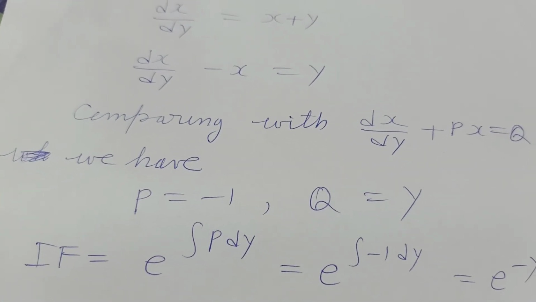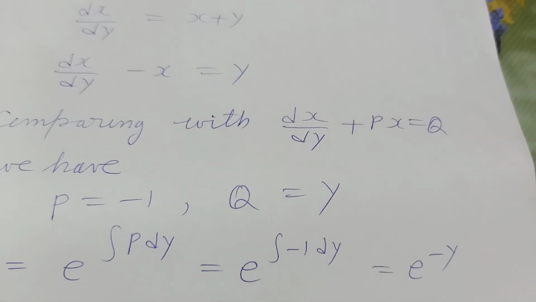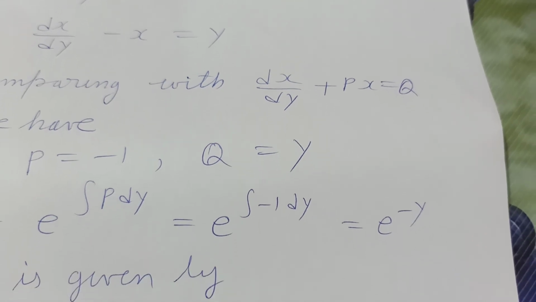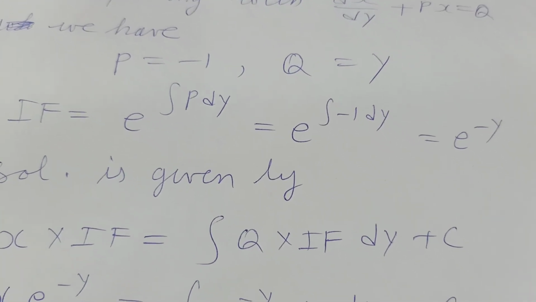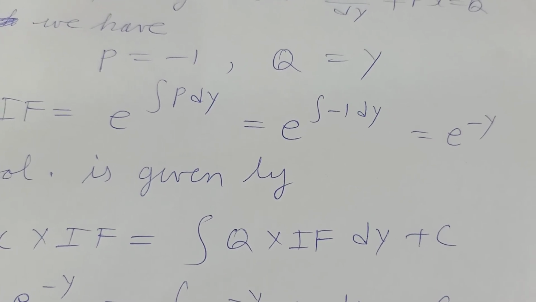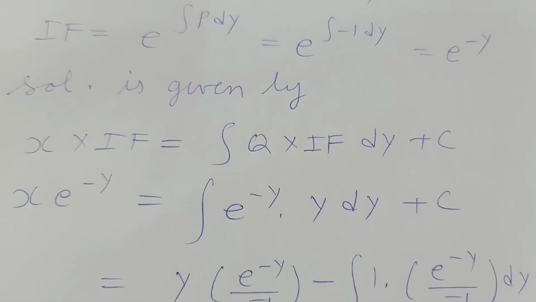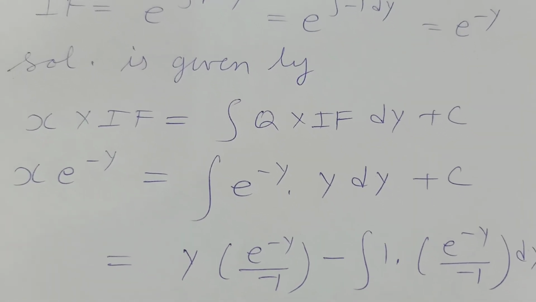Now we will find the IF, that is e raised to the integral of p with respect to y, that is e raised to the integral of -1 dy, which comes out to be e raised to -y. Now the solution is given by x into IF equal to the integral of q into IF with respect to y plus c. Then we put the value of IF, that is e raised to -y.